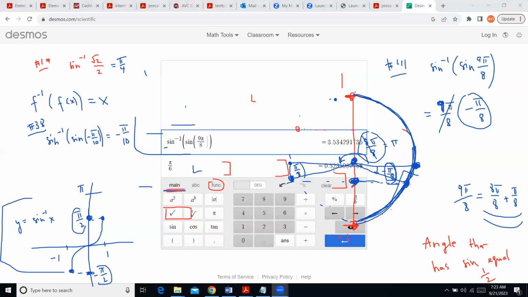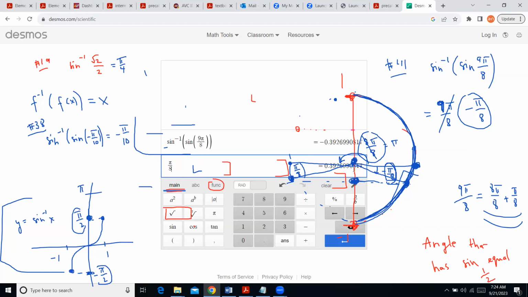See, in radians, it gives you this negative whatever that happens to be pi over 8. So I can put this pi over 8 and you will see this pi over 8.